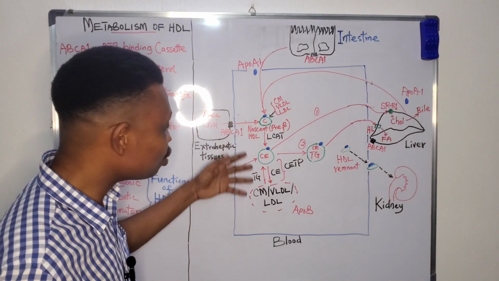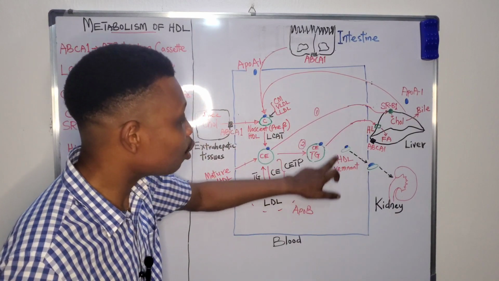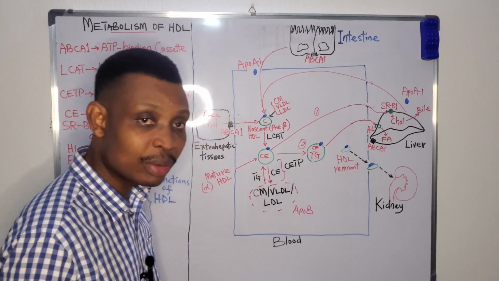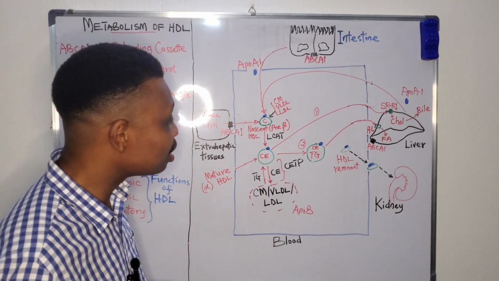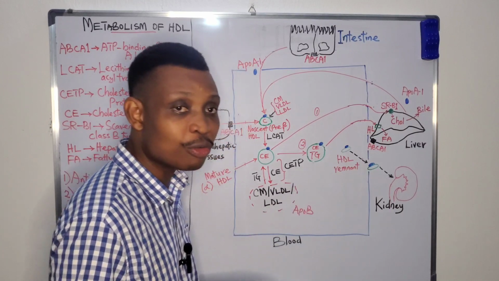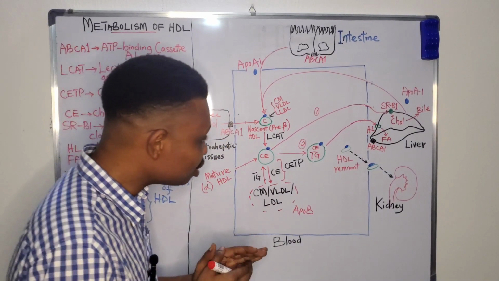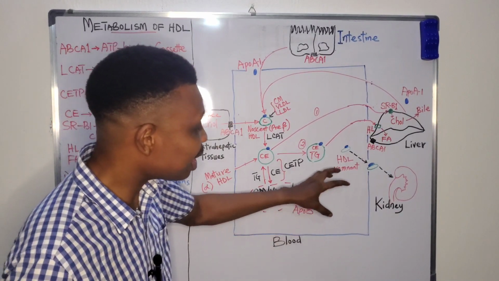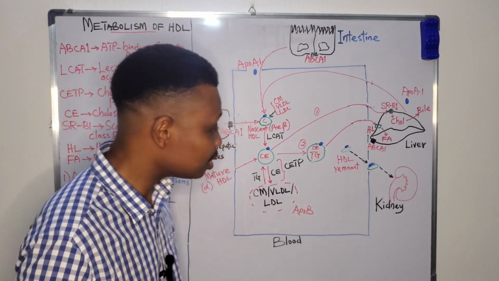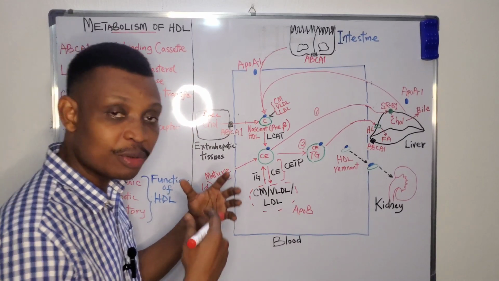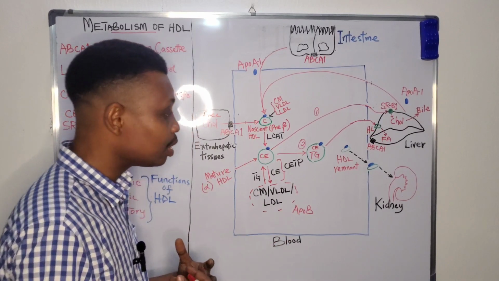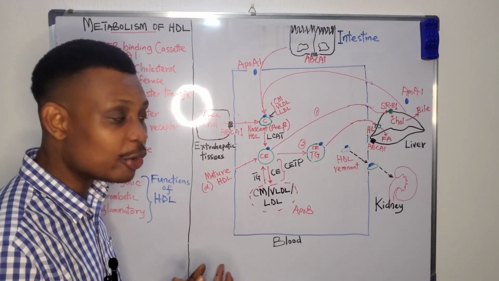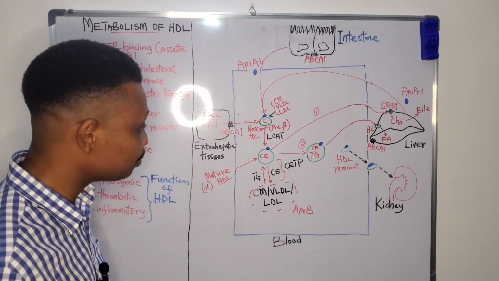Whether the mature HDL follows this path or this path, it will result in formation of HDL remnant. The HDL remnant consists of a little amount of cholesterol attached to the ApoA1, and this will be carried by the blood to the kidneys, where it will be filtered by the glomeruli, and then in the proximal convoluted tubule, it will be metabolized and reabsorbed back into the circulation.